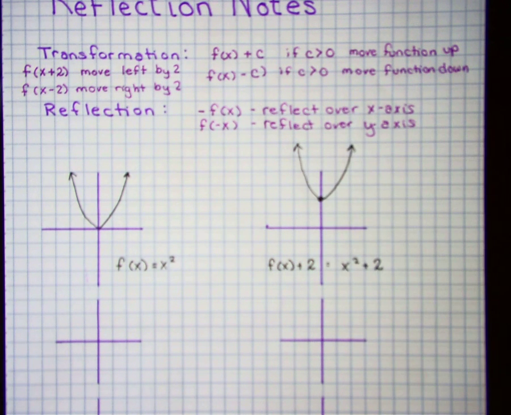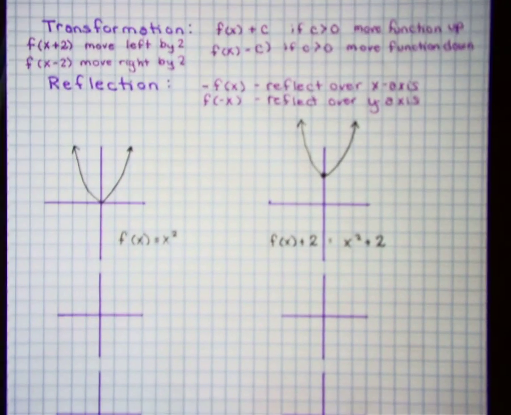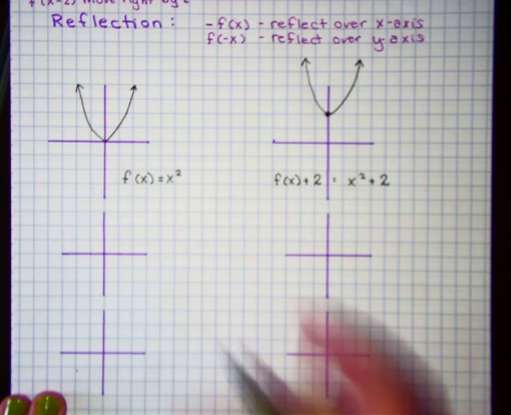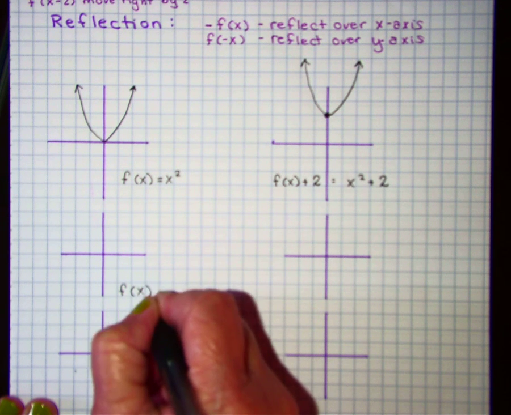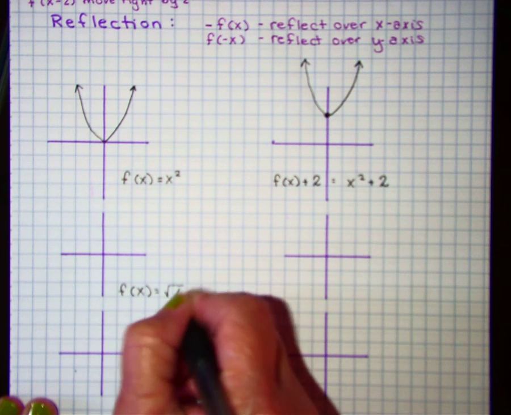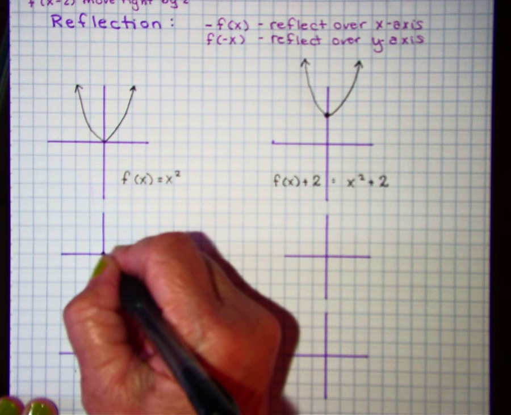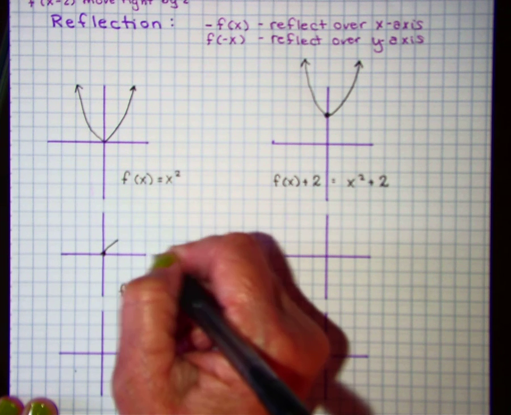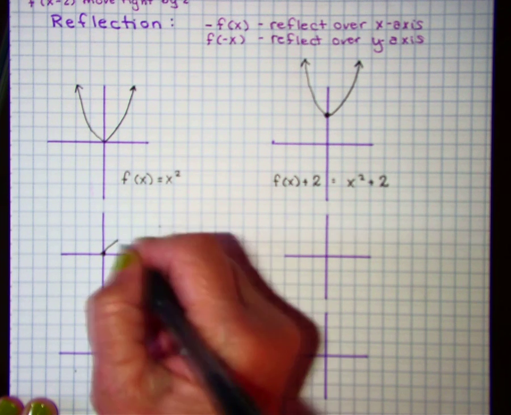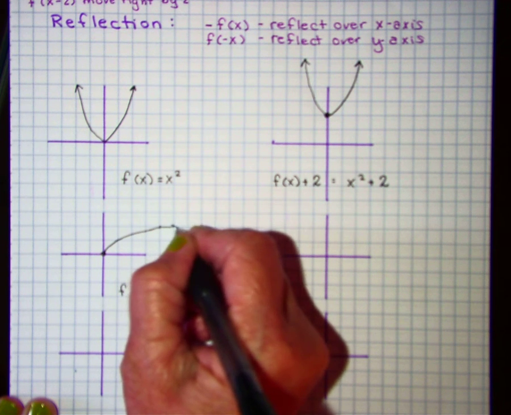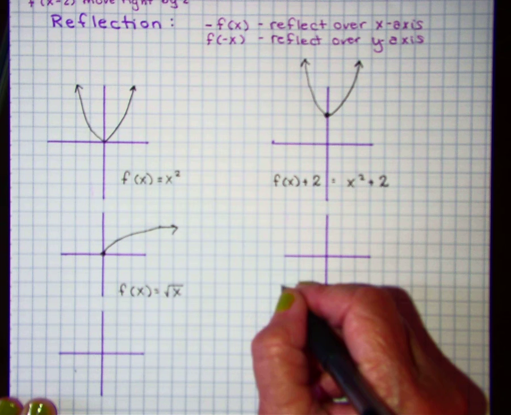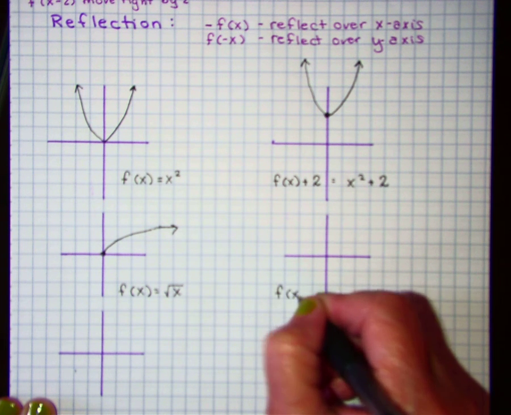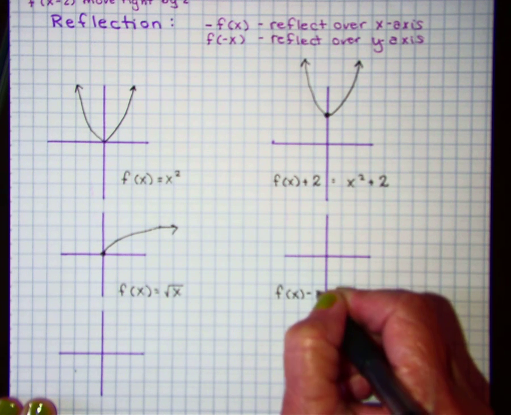The same thing when I'm moving down. I'll use the square root on this one. If I have f of x equals the square root of x, my function will look like this. Now if I want to move it down, I just say f of x minus however much I want to move it down.